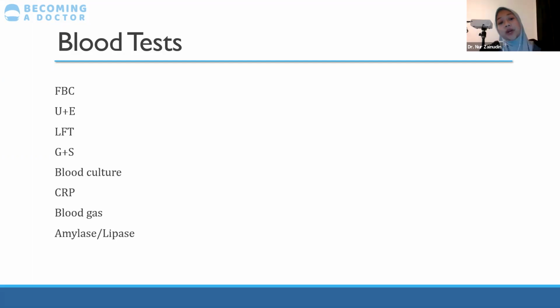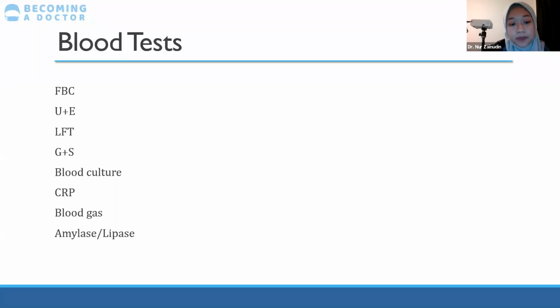Group and save, always don't forget, because if there's a possibility of them going to theatre, then they would need a group and save. Blood culture might be relevant if they're spiking temperatures. CRP, always, if there's an inflammatory process somewhere, an infection, they would be raised. Blood gas, if you needed point of care testing very quickly, then that would be very useful.